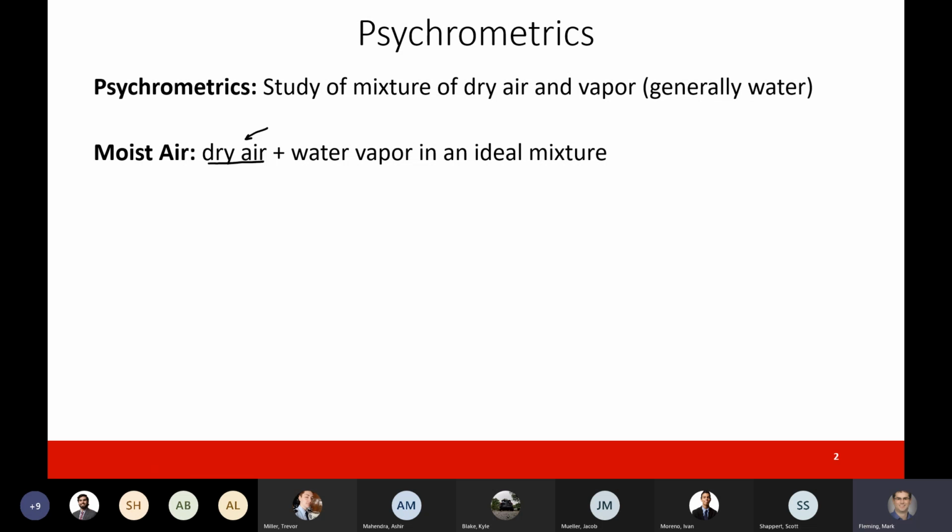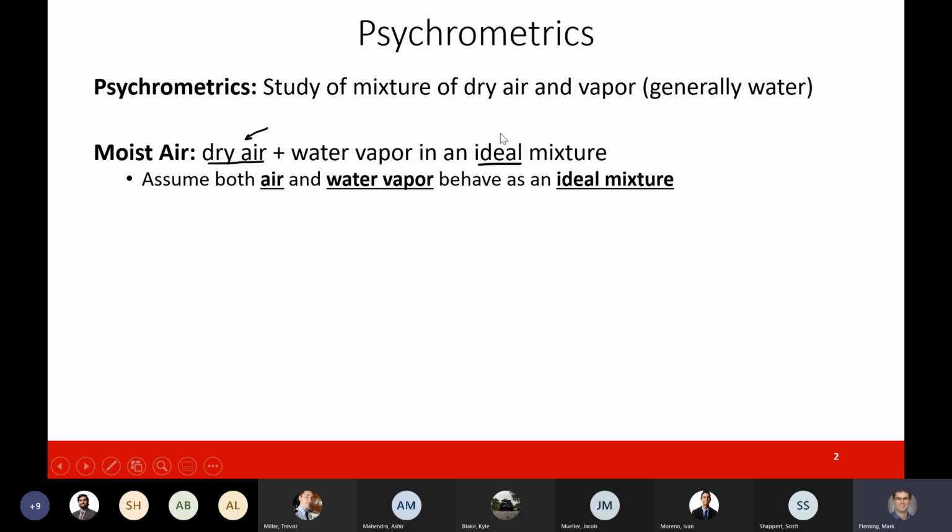Now, when we deal with moist air, we're generally going to assume that it follows the rules for an ideal mixture. The ideal mixture meant that we had to assume both air and water are going to behave as an ideal mixture, which means that both of them have to be themselves an ideal gas. Air is easy.